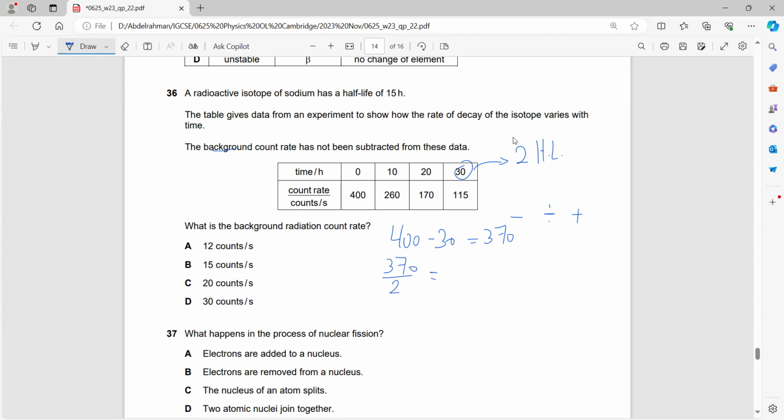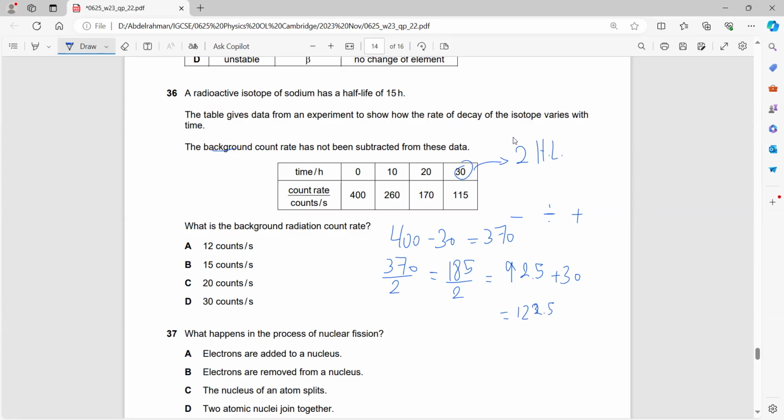Divide by 2 is 185, and when you divide it by 2 again, it would be 92.5. And then when you add 30, it would be 122.5, which is not the same value.